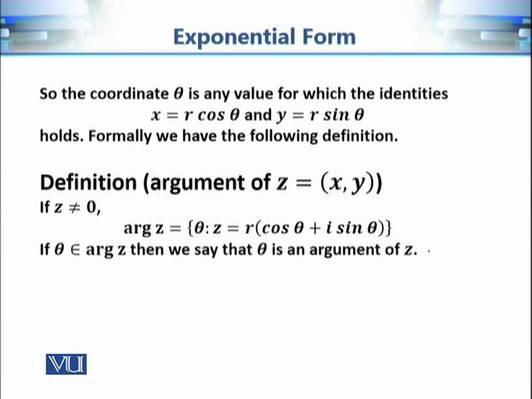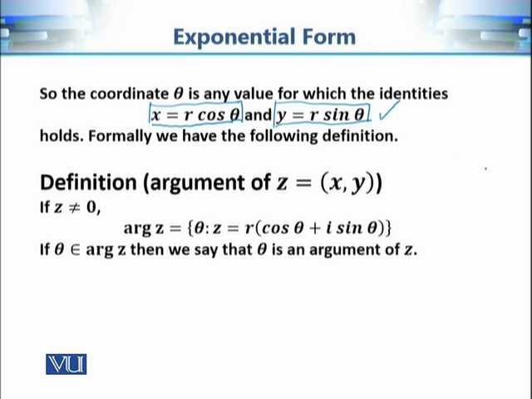Now we know that theta is any value that satisfies these two relations. x is equal to r cosine theta, y is equal to r sine theta. So first we have the following definition to find out all those values that satisfy this relation.